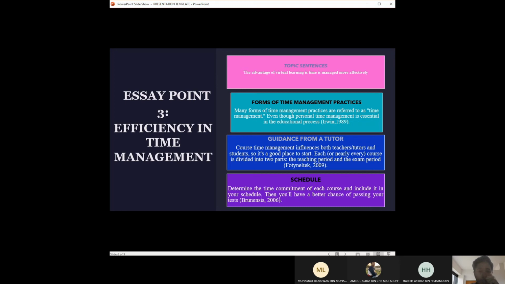Next, based on work from Fortinalte in 2009, time management will affect both the teachers and the students. There is a difference between a pure virtual learning course with no face-to-face interaction between the teachers and the students, and a blended style of teaching that includes both traditional and virtual learning support.